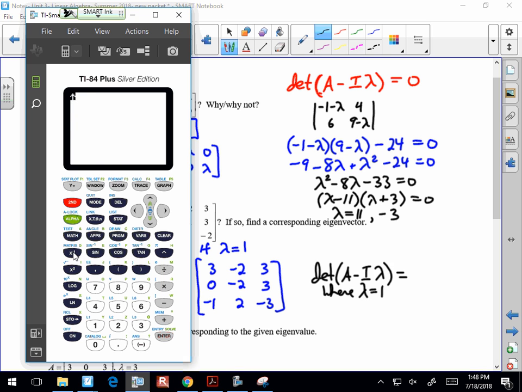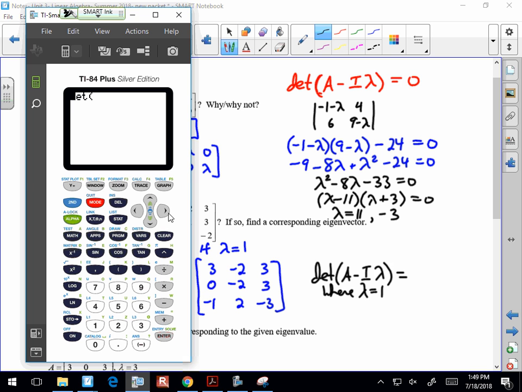Hopefully I typed it in correctly. Determinant, matrix A. I swear I just typed it in. I put it in J?